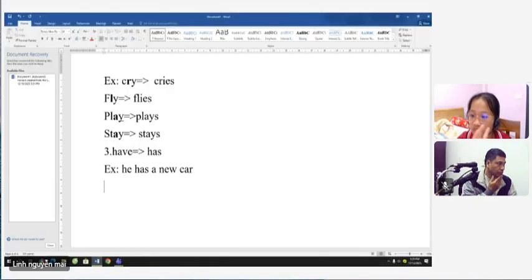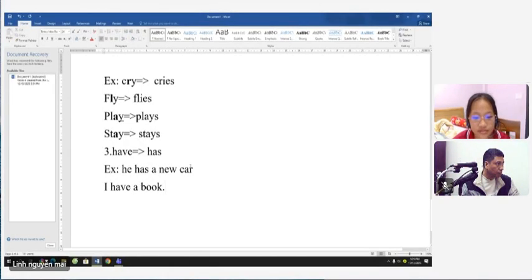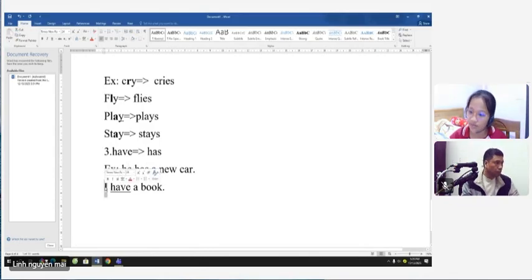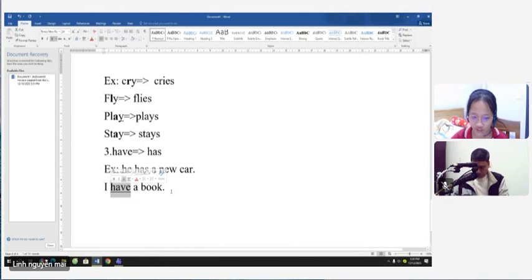In the normal sentence, with a plural subject, we use I have a book. But here is different, because he is just one. This is a singular noun, and I is in the plural group. So the verb here we change, and this one has no change, okay?